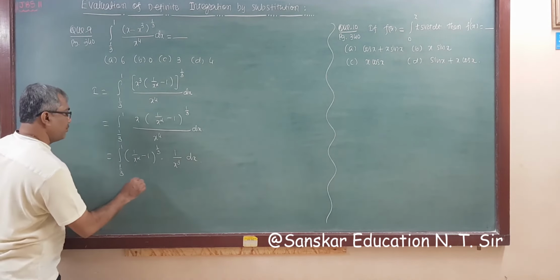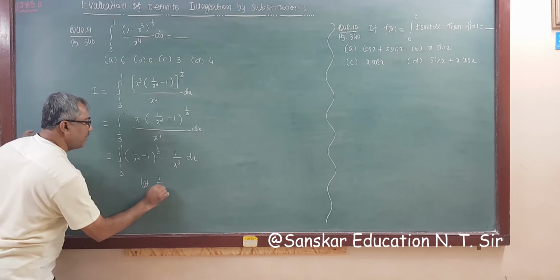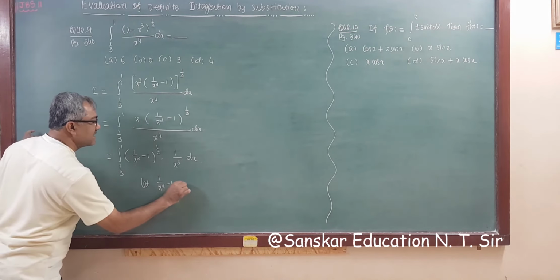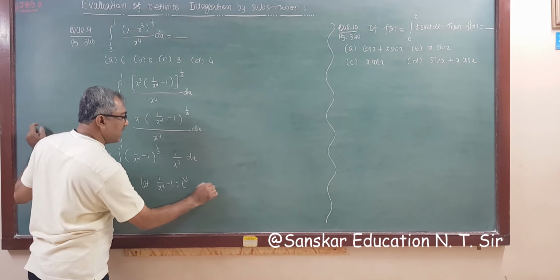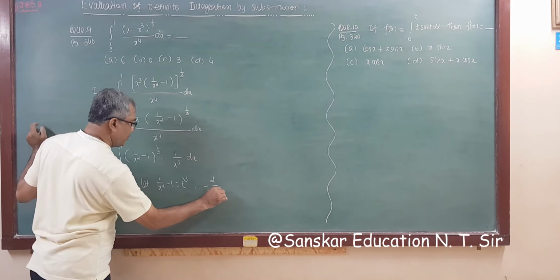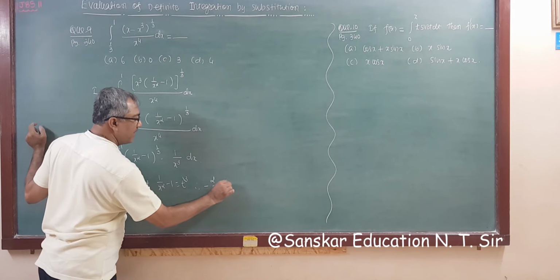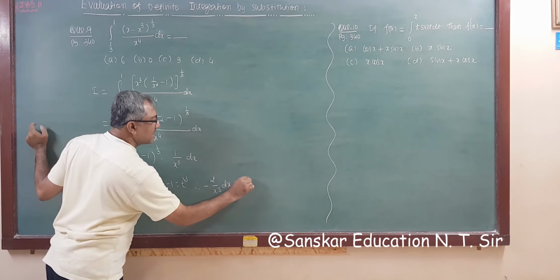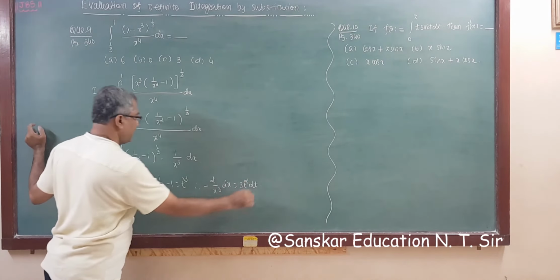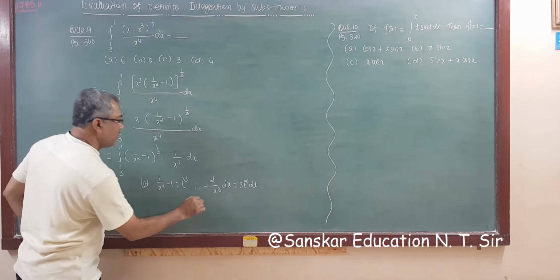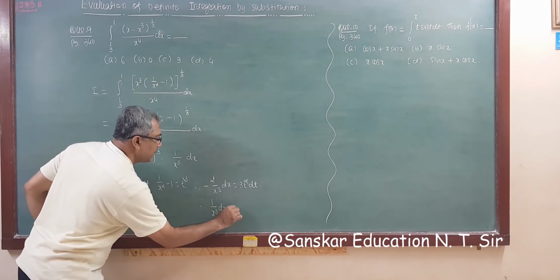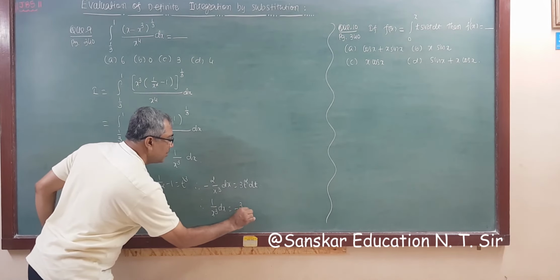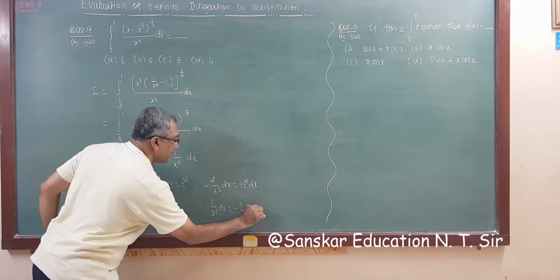So assuming 1 upon x square minus 1 is equal to t cube, derivative of this is minus 2 upon x cube dx is 3t square dt. So we have only 1 upon x cube, so 1 upon x cube dx is equal to minus 3 by 2 t square dt.